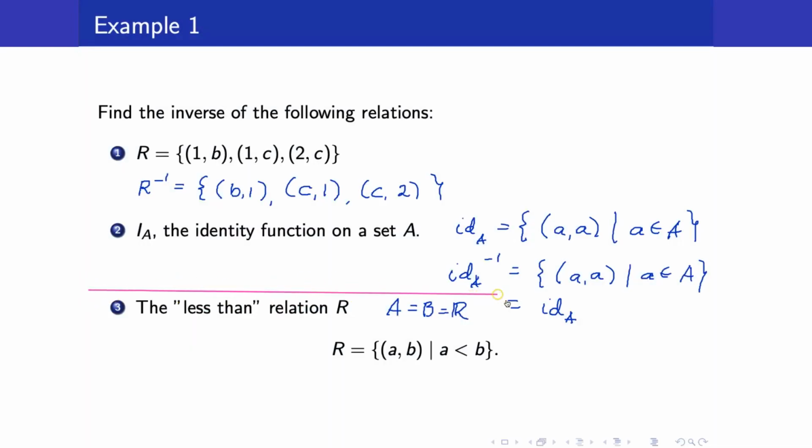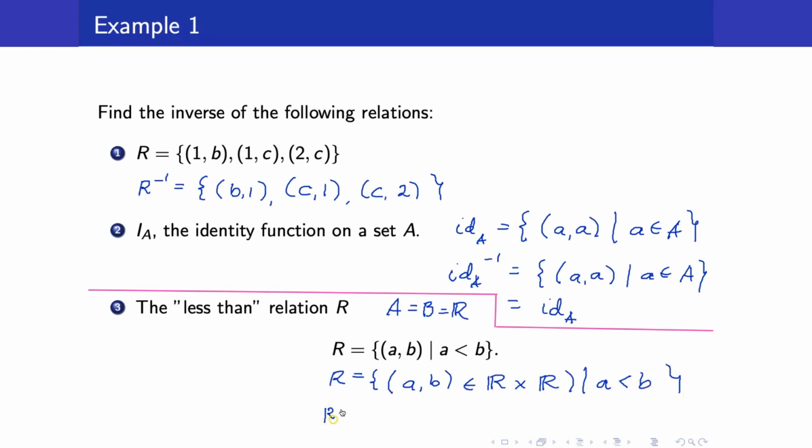Let me just write it as (a, b). So here we have R is equal to the set of all ordered pairs (a, b), of course, in R², R times R, where the first coordinate is always less than the second coordinate.